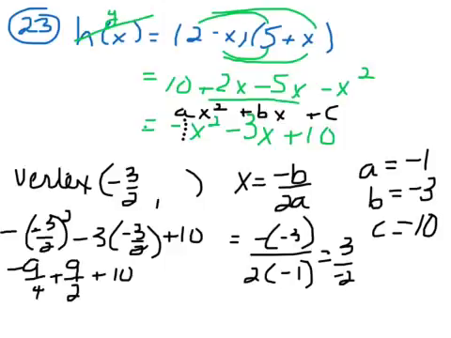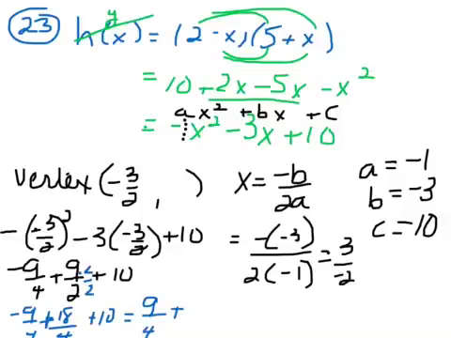Okay, let's get a common denominator with these two fractions. If I multiply this by 2 over 2, I'm going to get -9 over 4 plus 18 over 4 plus 10.